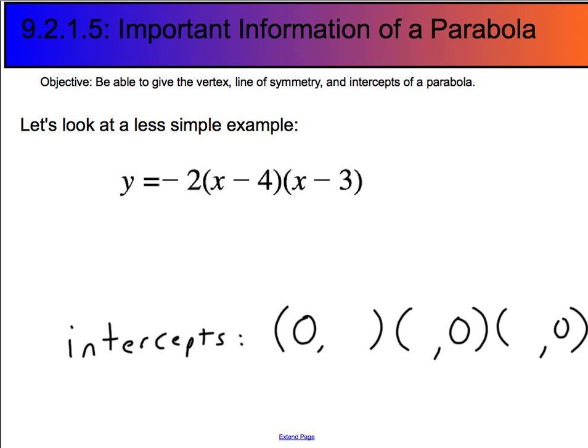But when you put in 0, you should get, let's see, 0 minus 4 is negative 4. 0 minus 3 is negative 3. So it's negative 4 times negative 3, excuse me, which would be negative 24.